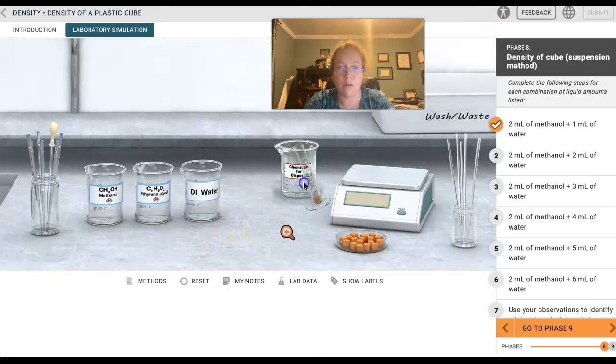Okay, empty it, dispose of that. Next, again, 2 milliliters of methanol. Now, 3 of water. Stir. And it sinks.